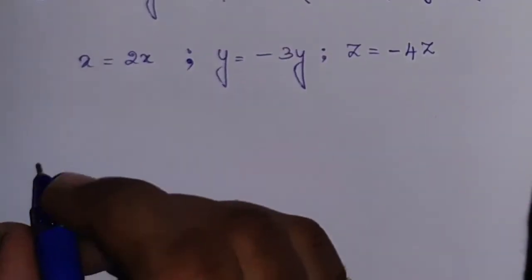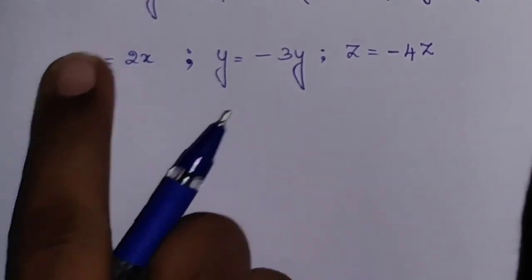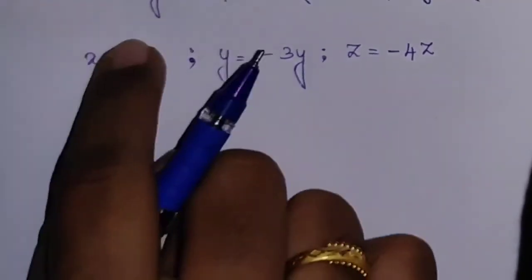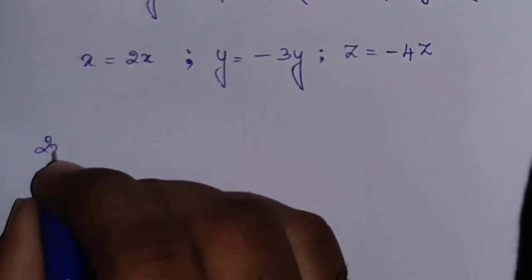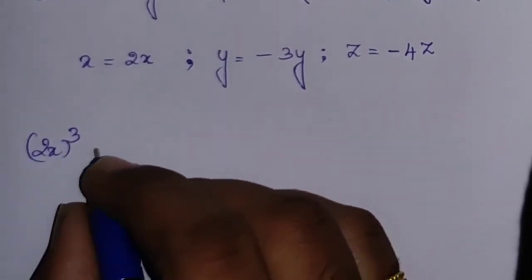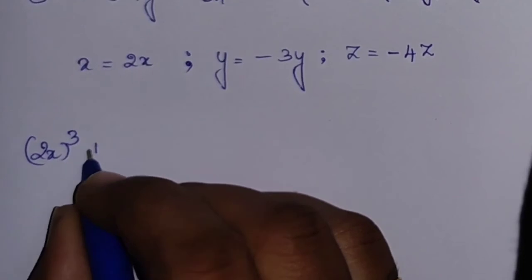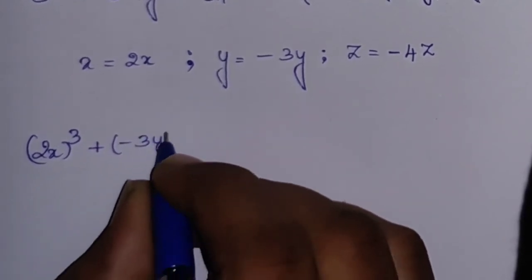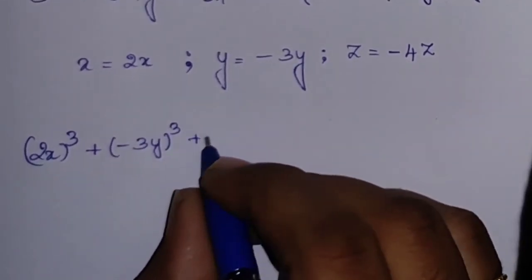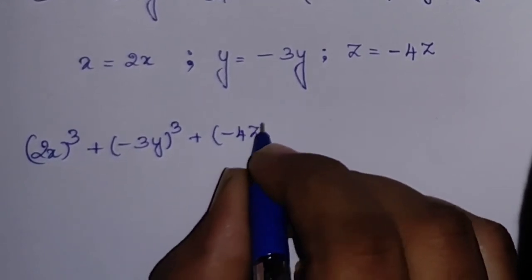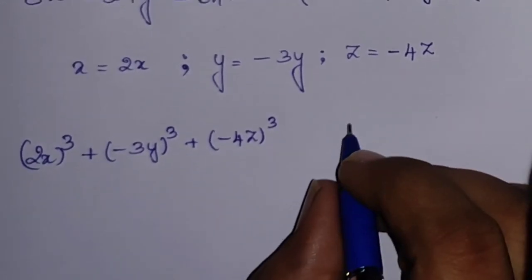Okay, so we are asked to find only this part, right? So this can be rewritten as 2x the whole cube plus minus 3y the whole cube plus minus 4z the whole cube.